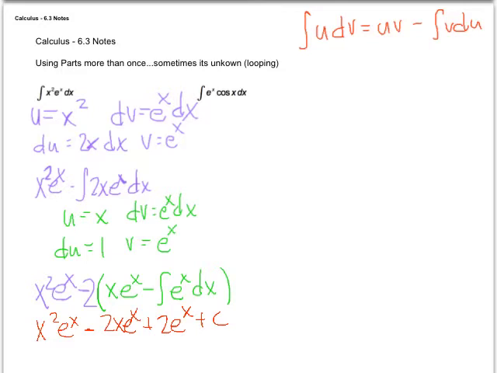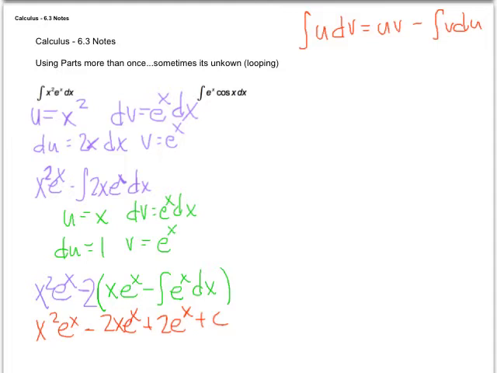And that's all there is to it. It takes a few steps, you have to repeat, but here's the trick. Right here where I let u equal x squared, let that u be the derivative of that, and where I let dv equal e to the x dx, let dv stay that same. Otherwise, you'll end up back where you started.